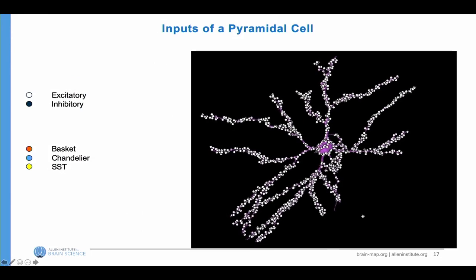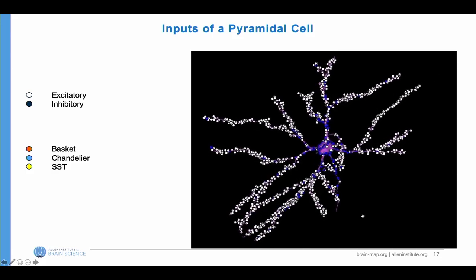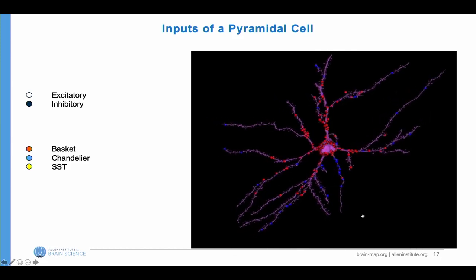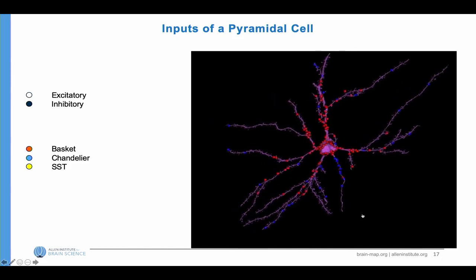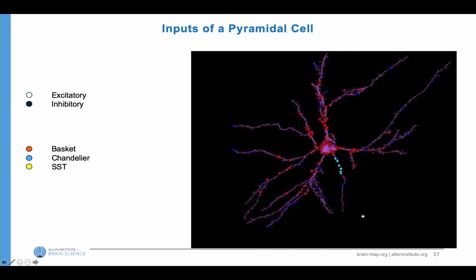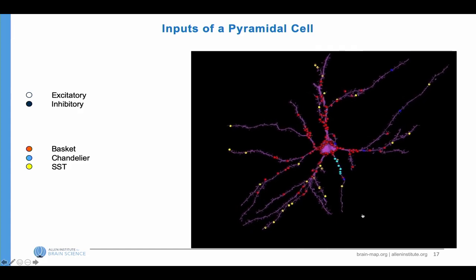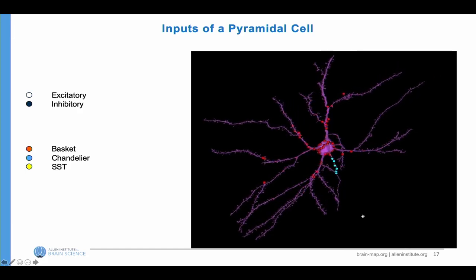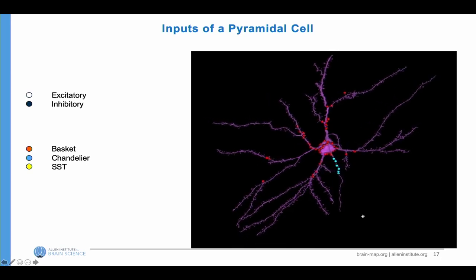This is really the work of Nunu and Agnes, who began looking at these input-output diagrams and identifying the different classes of inputs to cells, the excitatory and inhibitory, but then the basket cell inputs, the chandelier cell inputs, and the somatostatin inputs, really getting at the W alpha beta with great confidence on the numbers.